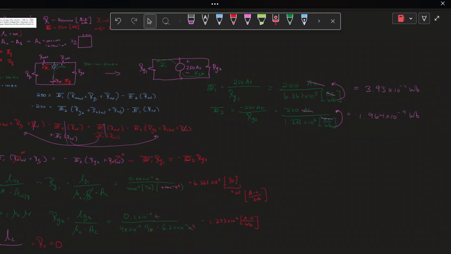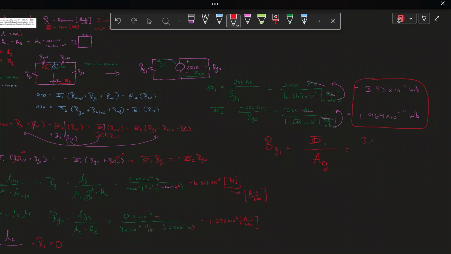Now what do we do though? Well, we found the fluxes. How do we find the flux density? Flux density is going to be in units of Webers per area, Webers per meter squared. So it's going to be flux divided by the area. We already have the area, which is the area of the core, or the area of the air gap here.